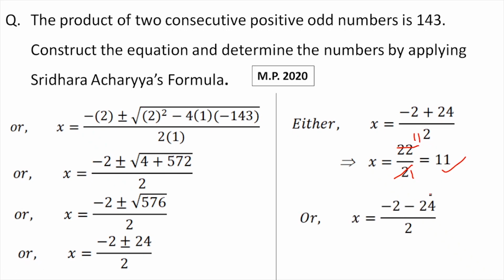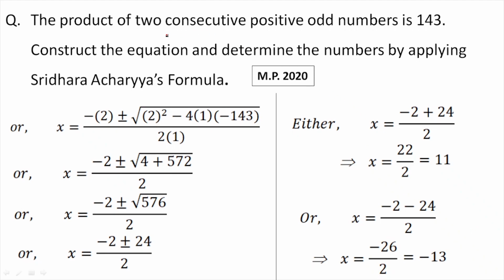And or again, we have used plus here, so we'll use minus here, so minus 2 minus 24 will be minus 26. 2 13s are 26, so it will become minus 13. Okay, so this is how we solve it.